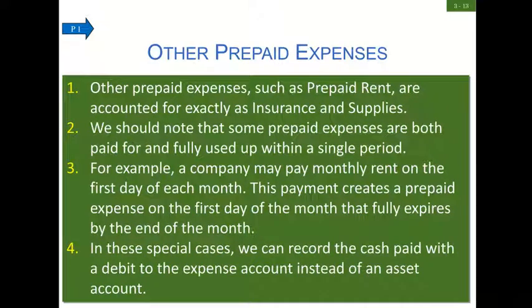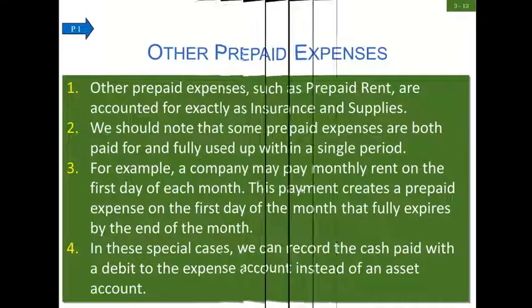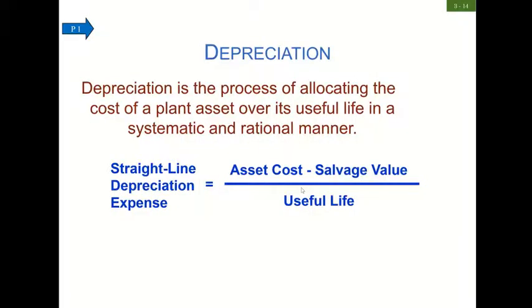We have other types of prepaid expenses, for example prepaid rent, which is accounted for in exactly the same way as insurance and supplies. We also have a similar type of prepaid expense, which is depreciation. Depreciation is for long-term assets like equipment and machines.